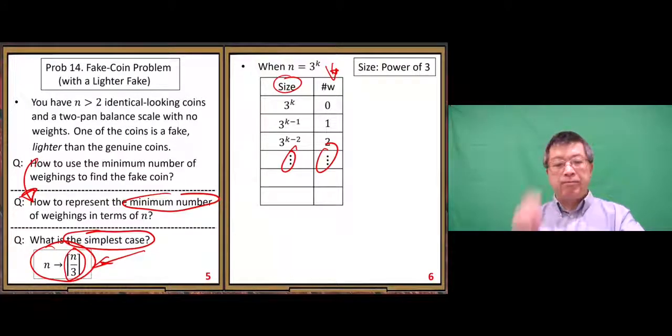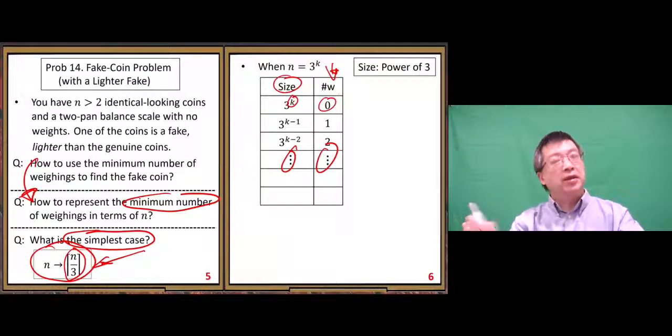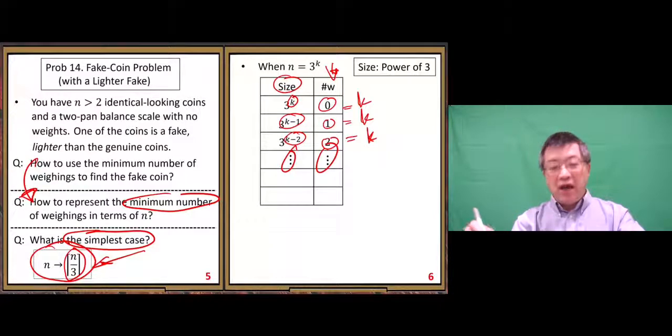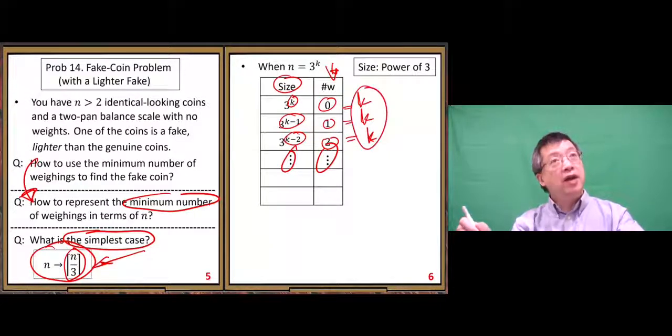So here, look at this. Exponent k plus 0, what is that? K plus 0, that is k, right? Exponent k minus 1 plus 1, what is that? Also k. Exponent k minus 2 plus 2, what is that? Also k. Can we say the invariant is k?